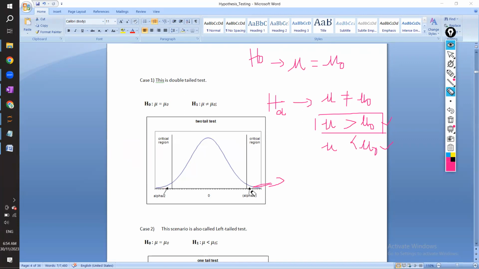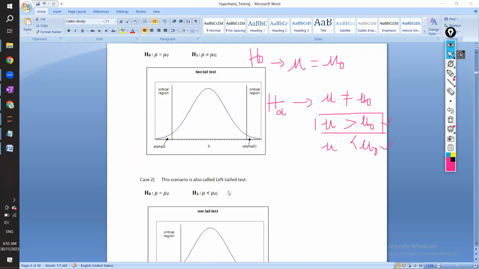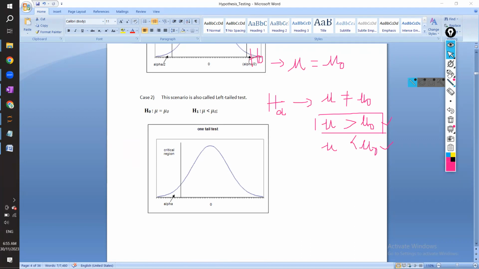Now if your scenario is just to check mu is less than mu naught. For example, in the training program, instead of increasing, if you ask whether the training program has decreased the productivity, I'll test only the decrease. I'll just check if, after the training, the new mu is less than the original mu naught.